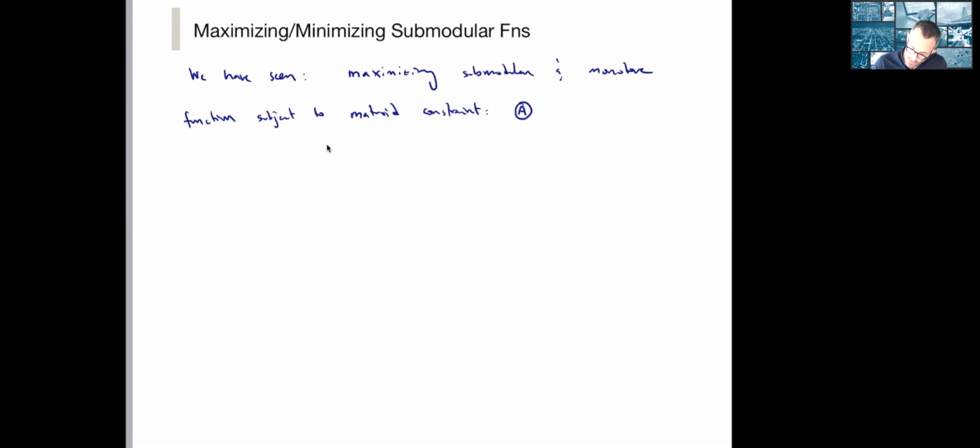So it's hard in the sense that there exist examples like max K cover where exact solution or even arbitrary approximation is NP hard.